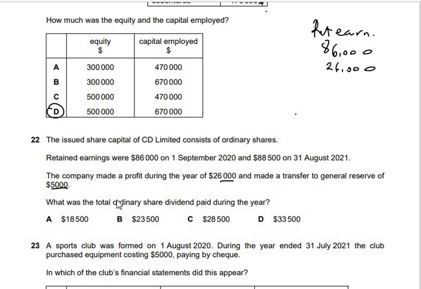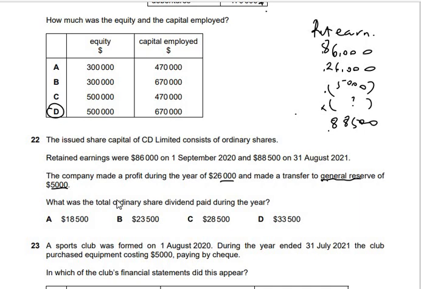All right. And we minus the transfer to general reserve of 5,000. Remember the statement of equity. And of course, you also minus dividends, which we don't know. And the last amount is 88,500. So if we take this plus this minus this, then minus this, we'll get that.